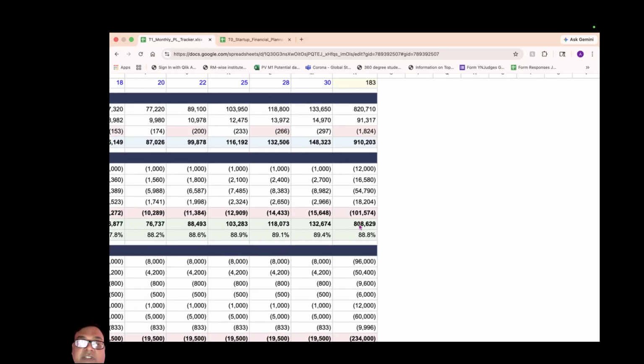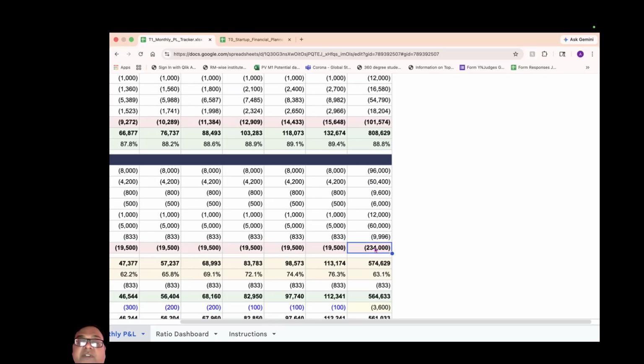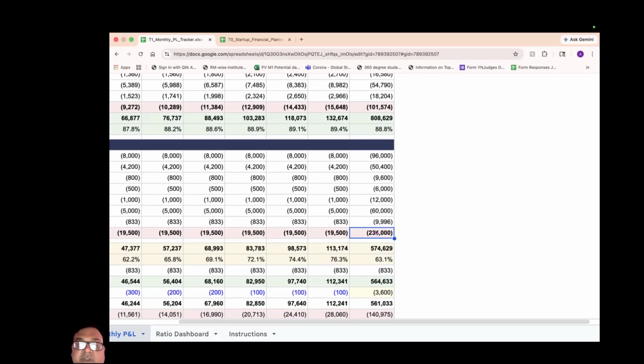So your gross profit is 8 lakh 8,629, 88.8%, and your OPEX was 2 lakh 34,000. So if you subtract this amount from here, you don't have to subtract, please remember you have to add, because it's already a negative number.